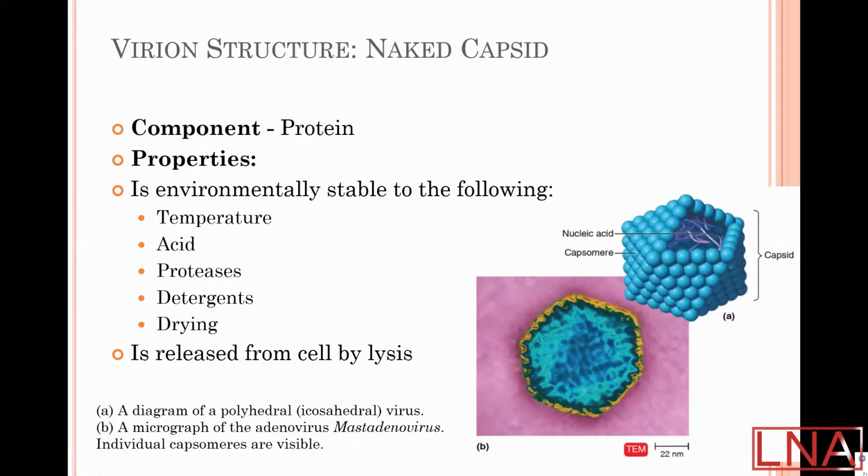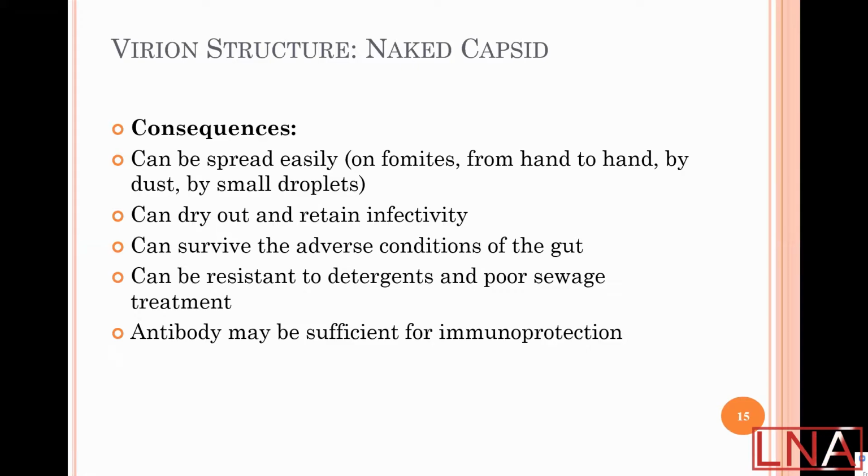Moreover, they are released from the cell by lysis, meaning cell death should happen to produce new viruses. So these viruses replicate inside the cell and then just destroy the cell and go out. As I said, they are very resistant to environmental factors.